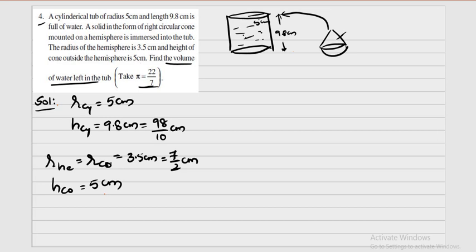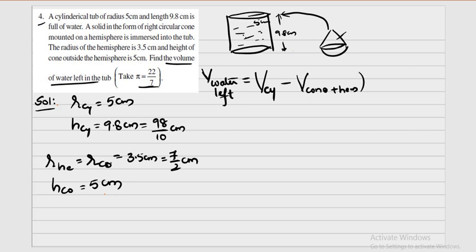Now what did he ask you to find? He asked you to find the volume of water left, right? So volume of water left is equal to, first of all, we need to take the volume of cylinder minus the volume of cone plus hemisphere.